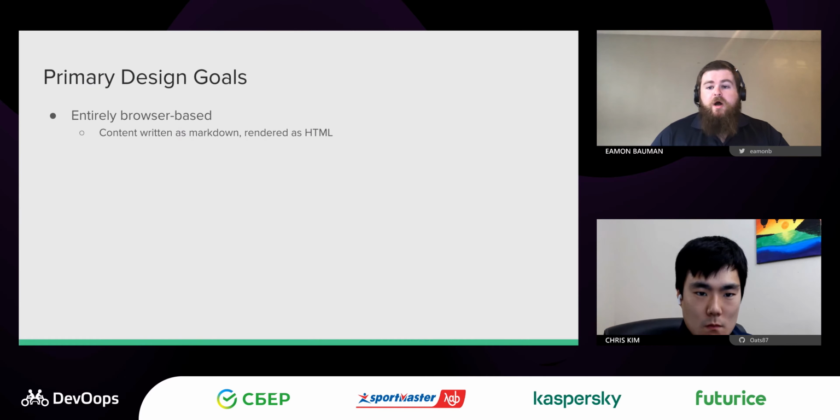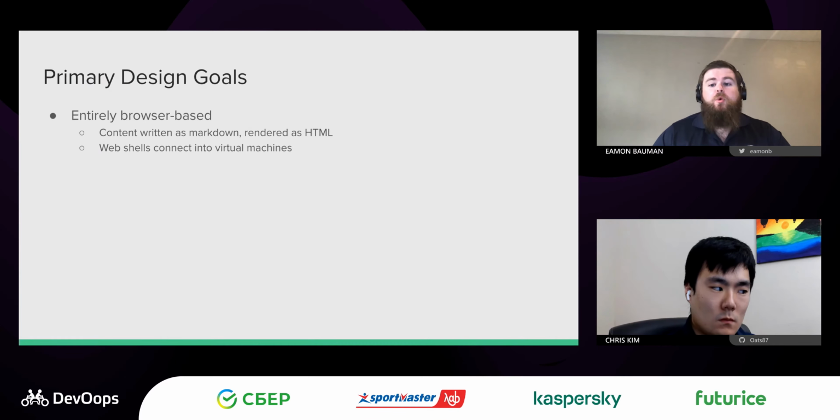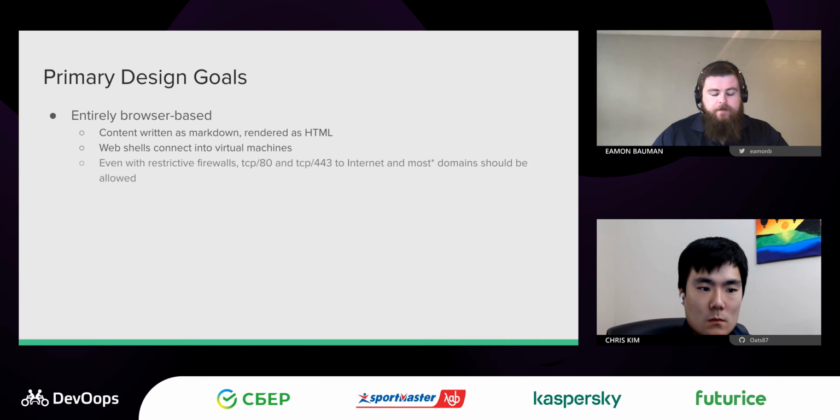We wanted to do this so that we could safely store our learning content in a Git repository in an easy to write format, but yet have it rendered into the browser. We wanted web shells to be able to connect into virtual machines so that users could perform SSH sessions inside their browser without requiring actual SSH connectivity.